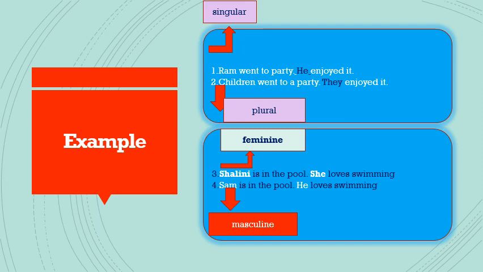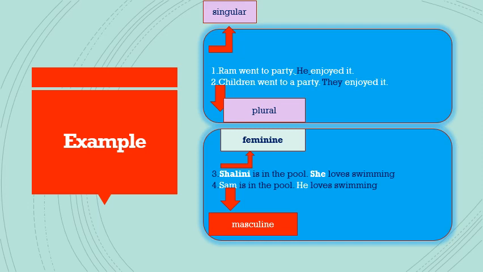So when the pronoun changes from singular to plural, it changes in accordance with the subject. If the noun is in plural form, the pronoun will also be in accordance with the number or gender in the sentence.